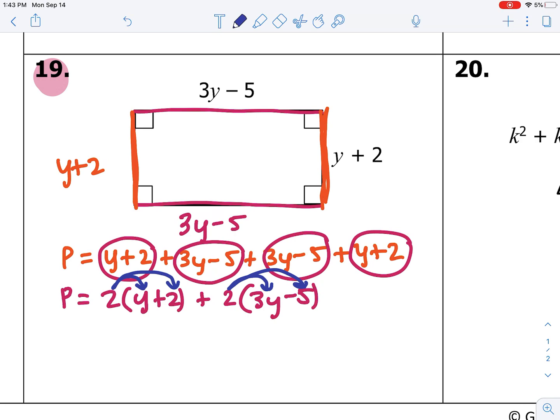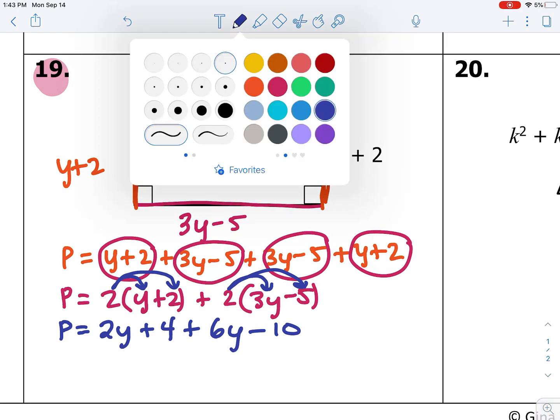Again, I know when to stop when the parenthesis closes. So let's distribute. 2 times y is 2y. 2 times 2 is 4. So 2 distributed into y plus 2 is 2y plus 4. 2 times 3y is 6y, and 2 times negative 5 is negative 10. So 2 distributed into 3y minus 5 is 6y minus 10.